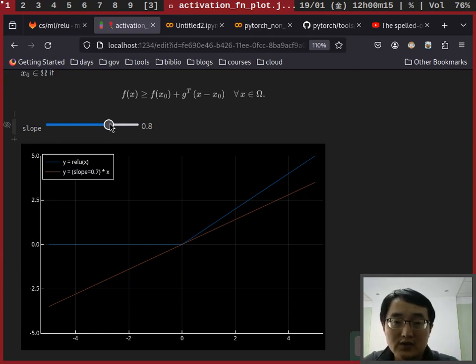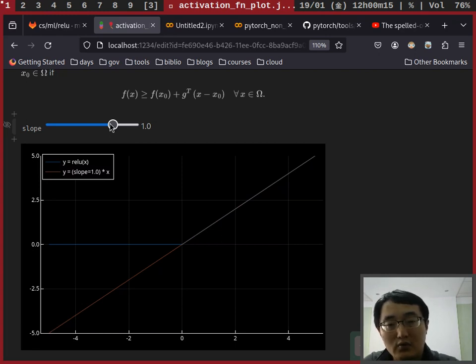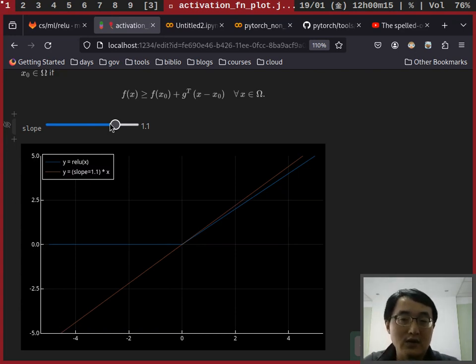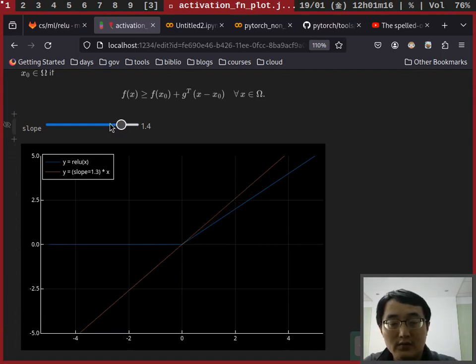And as we increase it, 0.8, 0.9, it is still a subgradient. Even when it equals 1.0, it is a subgradient. But when we go one step further, 1.1, it is no longer a subgradient because the part right to x equals 0 goes beyond the blue curve. So these are not subgradients anymore.